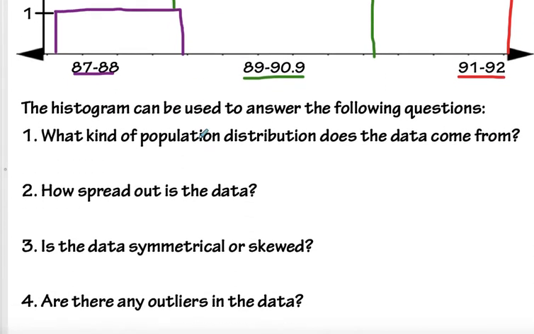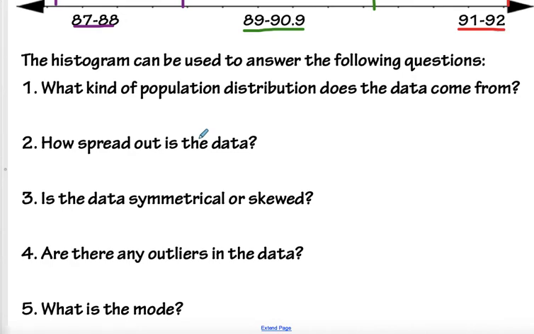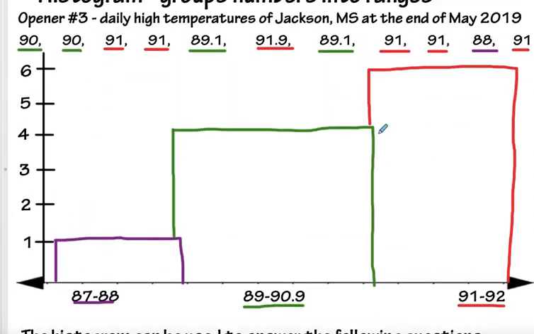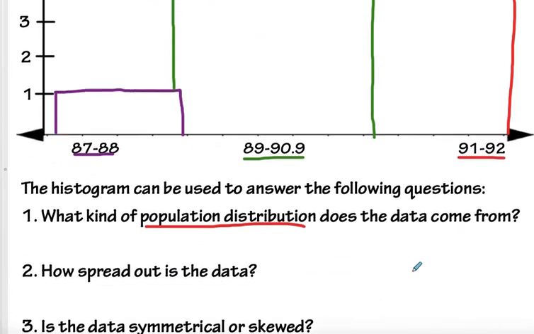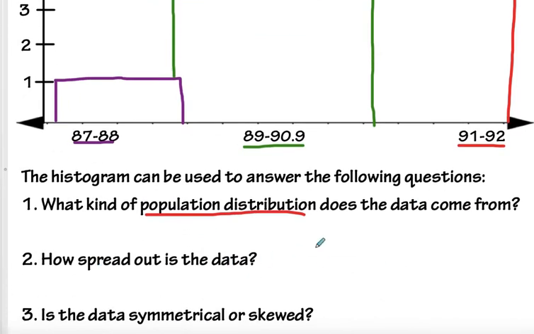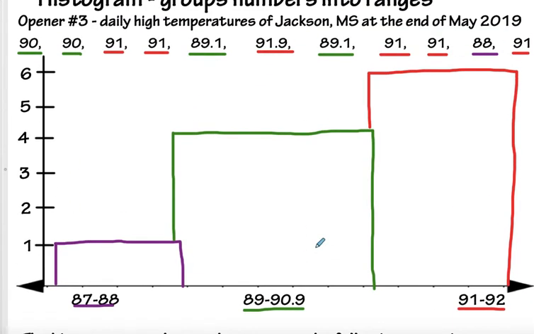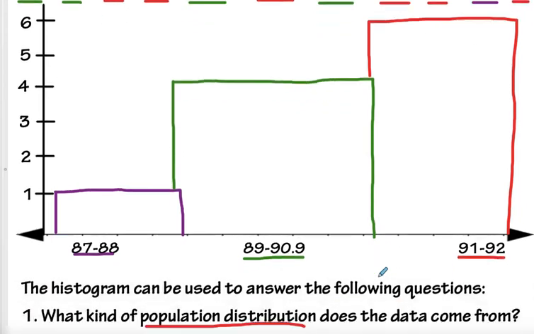What kind of population distribution does the data come from? This is coming from temperature ranges, and it looks like most of our population is falling in the 91-92 range. How spread out is the data? Well, it's not evenly spread out per se, but most of it again is in the 91 and 92 range.